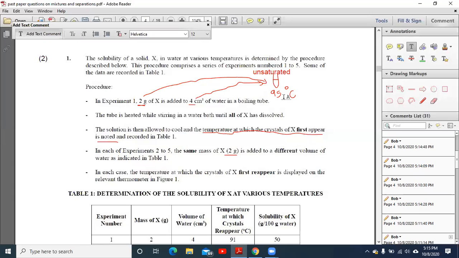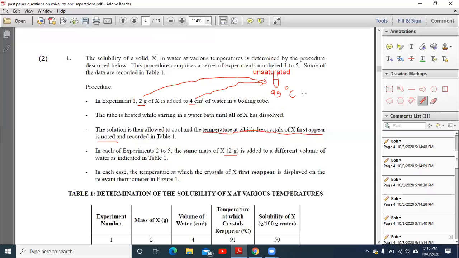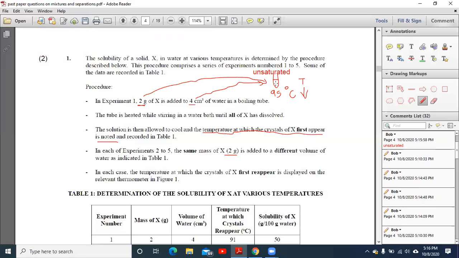Because it being saturated or unsaturated will be dependent on the temperature. As you lower the temperature, you will eventually get to the temperature at which this solution here in the test tube becomes a saturated solution, meaning that this is the maximum amount of the solute X that can dissolve in the given amount of water that is in the test tube.